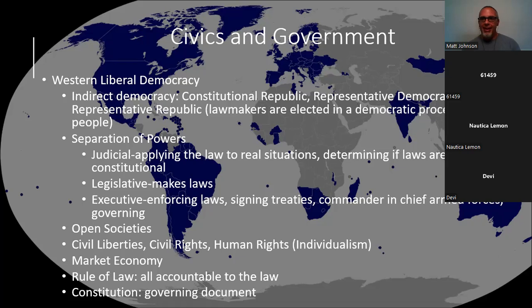So whether it's introduced in the House of Representatives or the U.S. Senate, both chambers must vote on that bill, and then that bill will go to the president, who will either sign it into law or veto it, which will then get returned to Congress to either modify it so it'll pass, or if they get a certain majority of votes, then it no longer requires the president to sign it into law, and it becomes law.